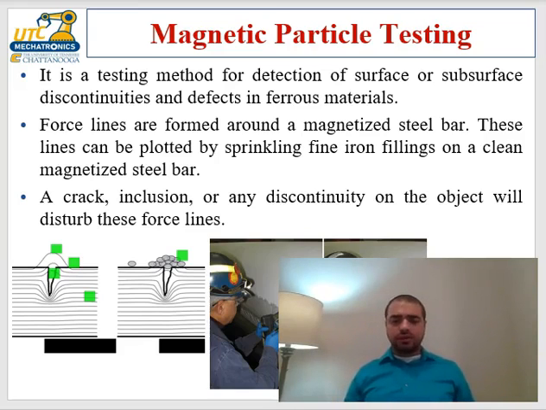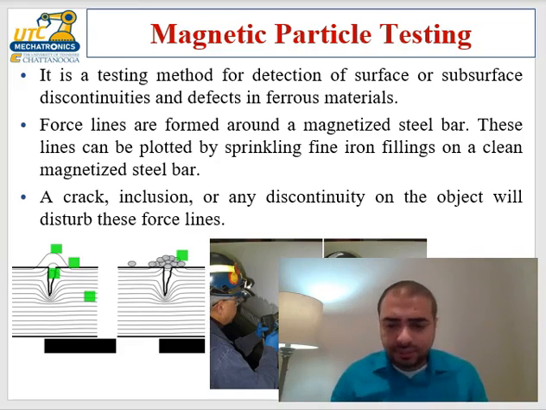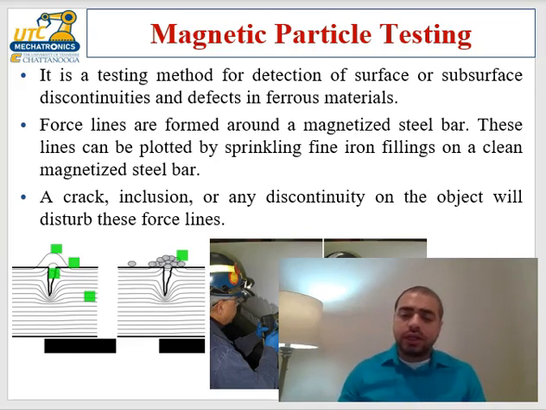If you have studied physics, the resistance to magnetic fields is called reluctance. If you don't use a ferrous material like steel, the reluctance is going to be extremely high, and it's not going to give you any real measurements.